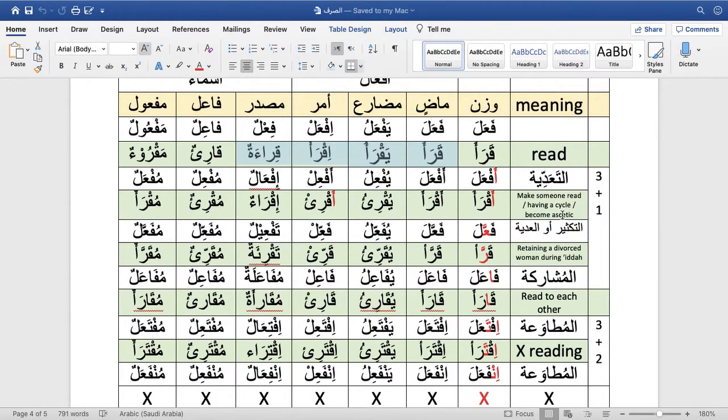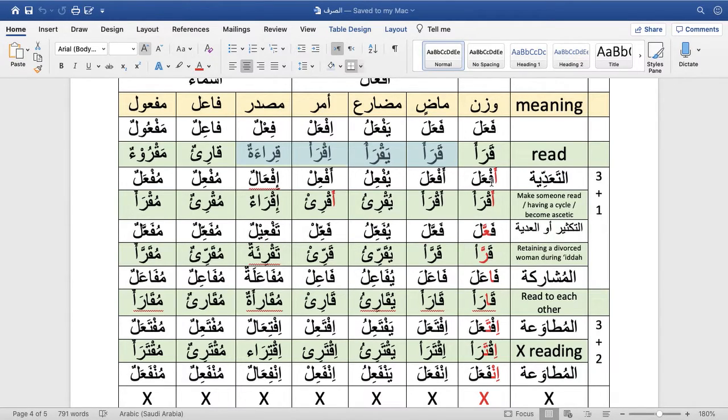Here, aqra'a or af'ala has another meaning which is fairly common for this wazn, which is to enter into something. You know the word sabahun, it means the morning. Asbaha is just sabaha with an alif in front of it. Asbaha means to enter into the morning. Masa, the evening.